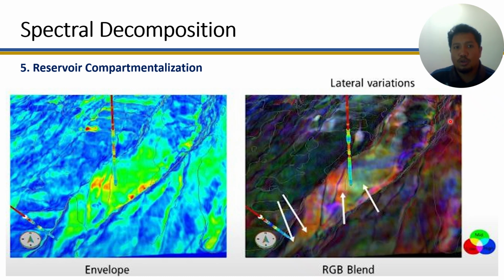We can also see lateral variation in color, areas of more pinkish color, areas of more orange, areas of more green. These are showing us lateral variations in the frequency response, and that could be changes in thickness of the reservoir, or it could be changes in the pore fluids or lithology.